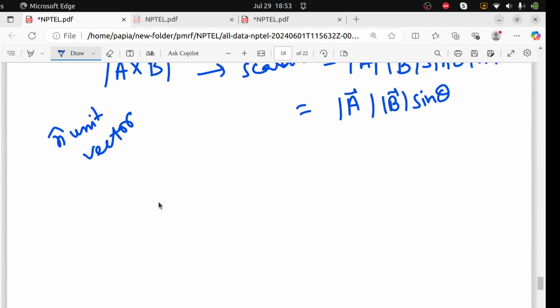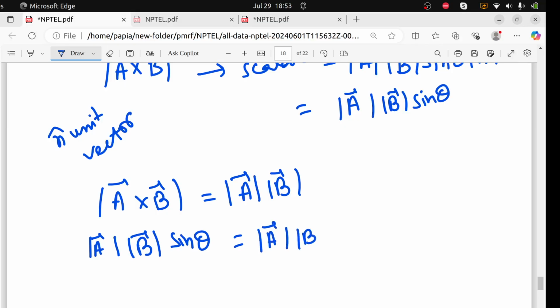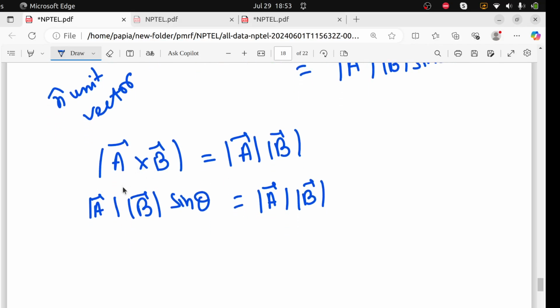Now, they are telling in their question that mod of A cross B equals mod A mod B. It is given in that question. So the left hand side I can write as mod A mod B sin theta equals mod A mod B. Right, because this is coming from the expression definition and this is coming from the given condition of that question.